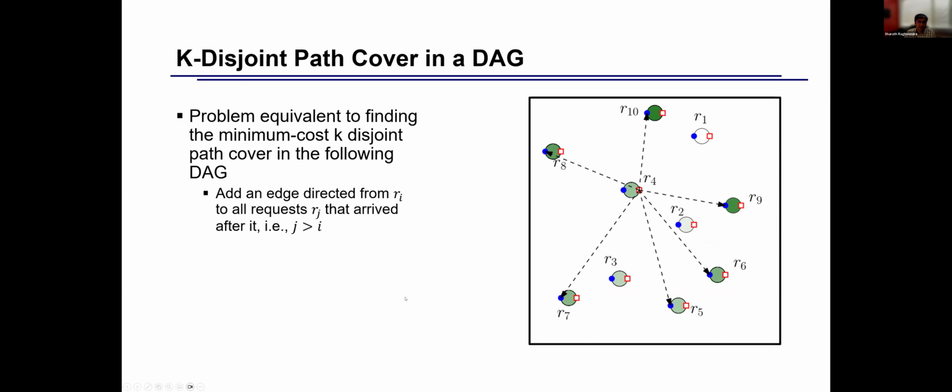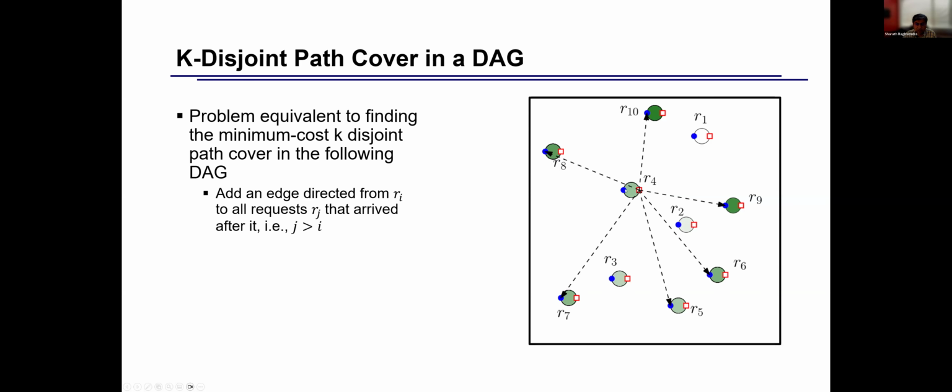In graph theory, this is also called the k-disjoint path cover problem in a directed acyclic graph. You can visualize this problem as follows. You imagine a directed graph. Essentially, you have edges between every pair of requests, but there are directions associated with these edges.